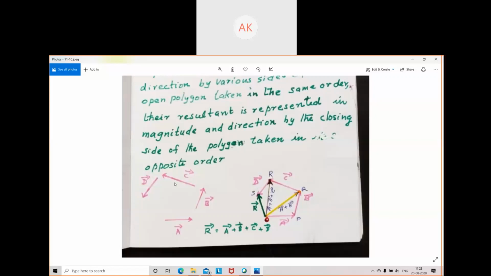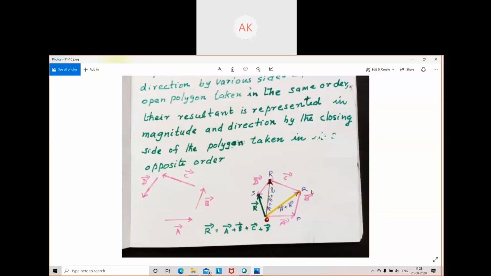Then we can move forward to the third vector, vector C. The tail of vector C is kept at the tip of vector B, and see that the magnitude and direction are the same as the given vector C. Suppose this is 5 centimeters, you have to represent 5 centimeters here, and the direction should be parallel.